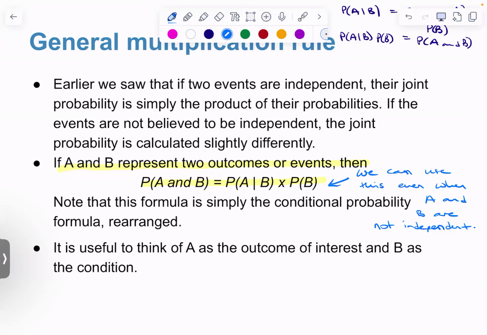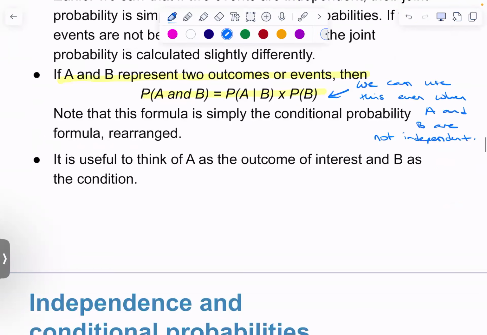We've actually already seen this in action. We never called it something like this, but as a quick example from last day, remember when we were drawing cards and the first card drawn was an ace? Then for the second card, what's the probability that the first two cards drawn are both aces?